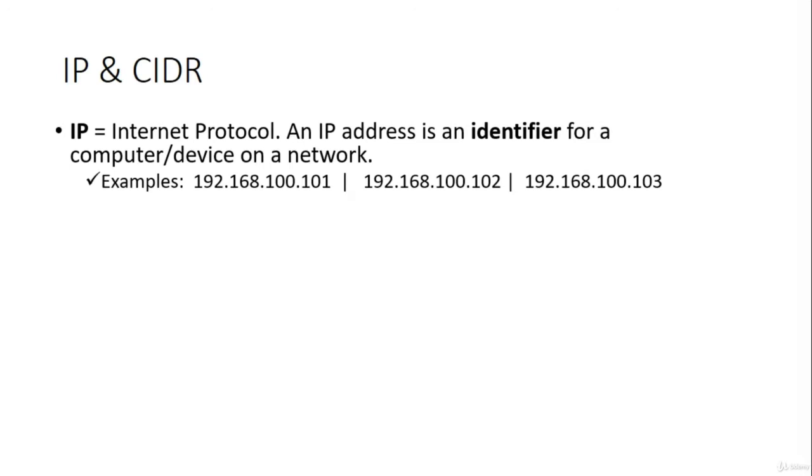Examples of IP: 192.168.100.101, and then you can continue 102 till 255, 103, etc. So all these four subdivisions with dots can go up to 255, starting from 0.